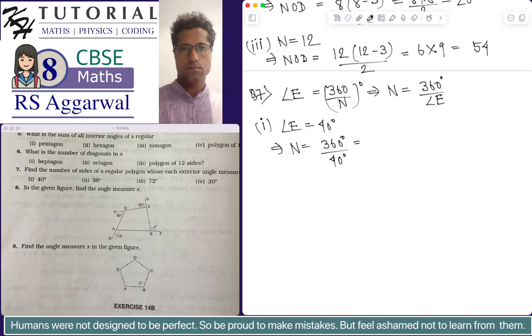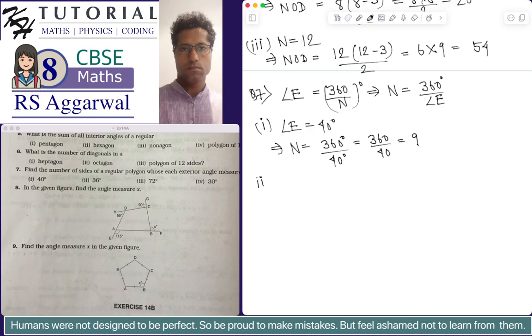This is equal to 360 by 40, which is equal to 9. That is, each exterior angle is 40 degrees for a regular polygon of 9 sides.